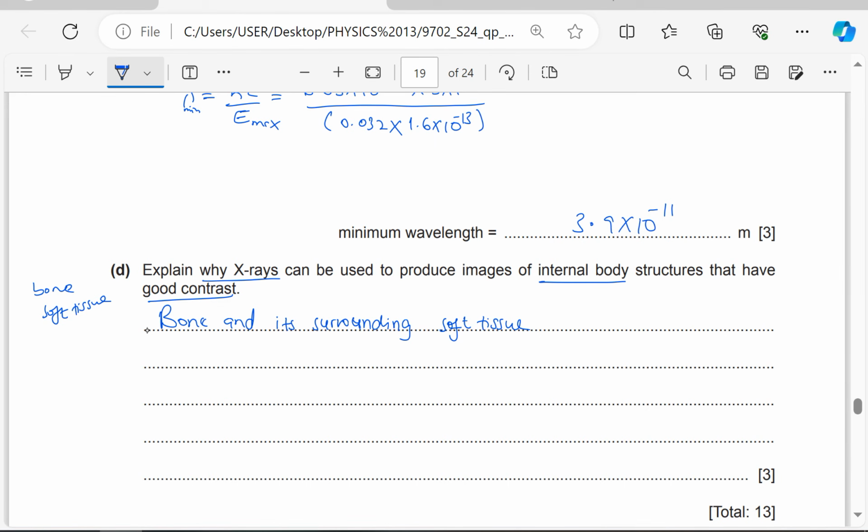Bone and its surrounding soft tissue have very different linear attenuation or absorption, linear attenuation coefficients.